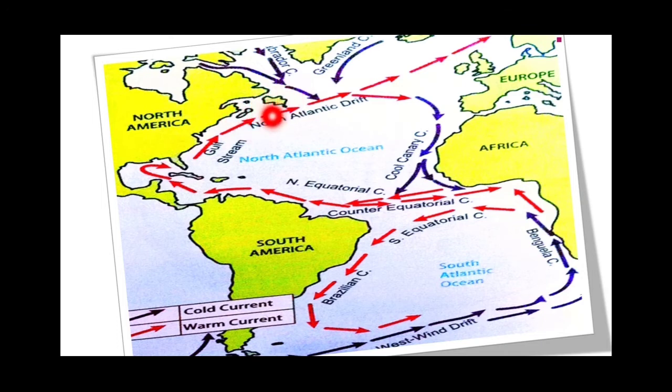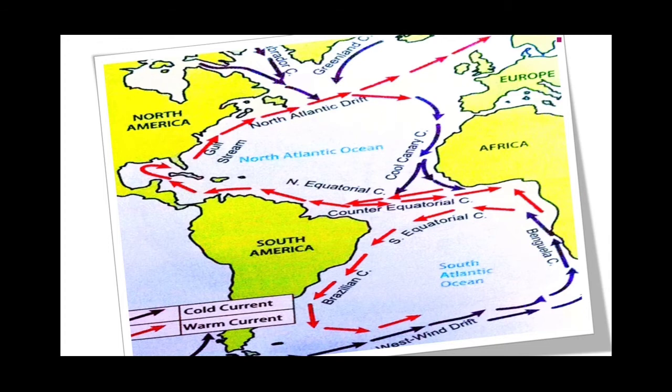So here, students, its water gets mixed with the cold water of the Labrador current. You can see the Labrador current is a cold current proceeding equatorwards, and the Gulf Stream is proceeding polewards. So when they meet here near Newfoundland, a small island, what happens? It leads to the formation of dense fog.